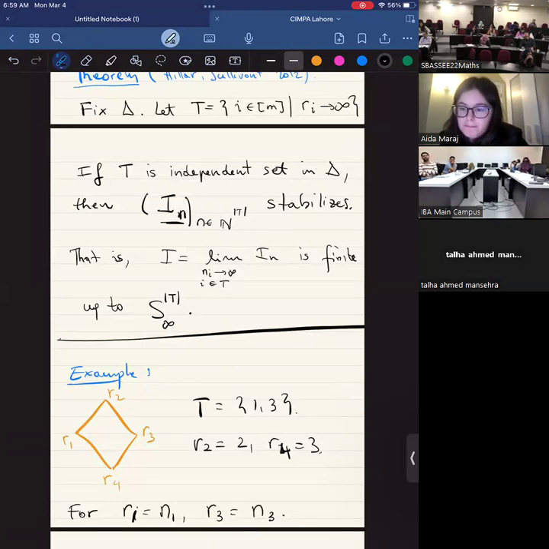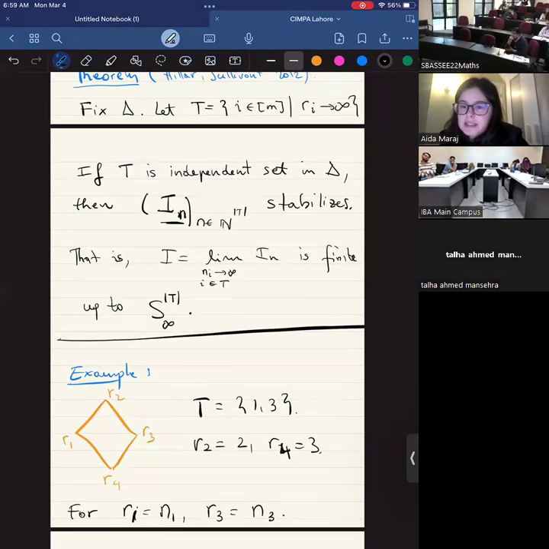Stabilizes means that the equality started appearing there?